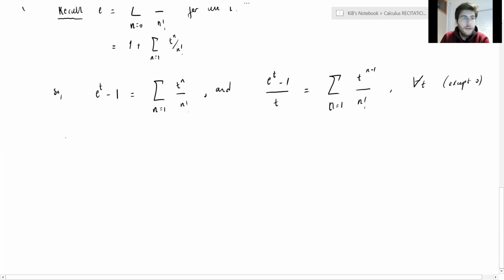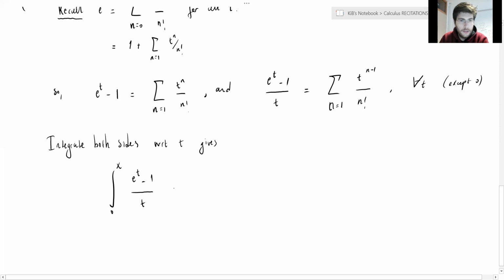It is undefined there. Now we integrate both sides with respect to t. So the following expression: the integral from 0 to x of (e to the t minus 1) divided by t, dt, and we just integrate term by term as before.